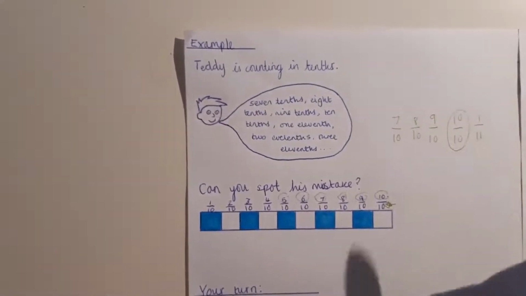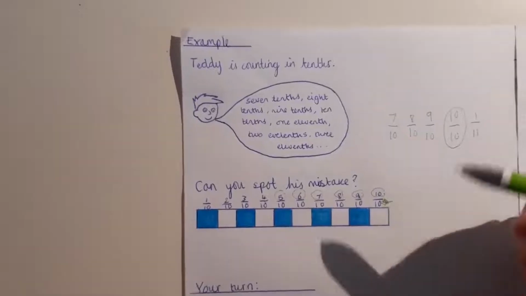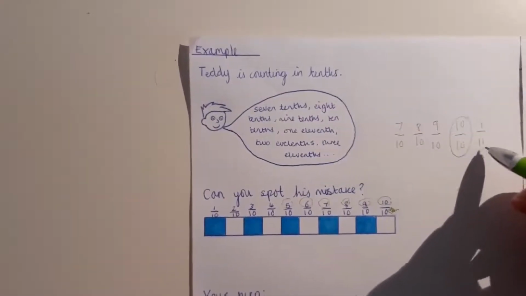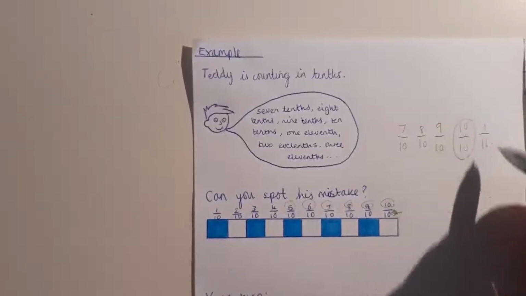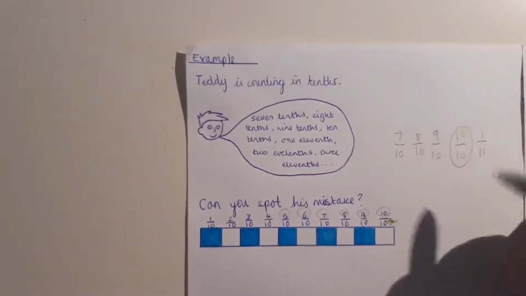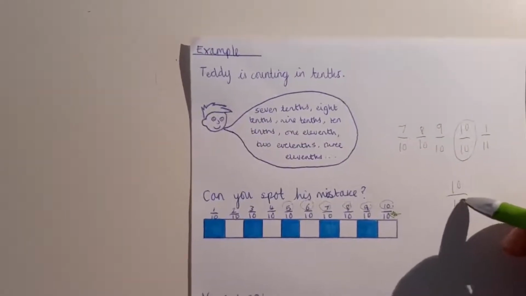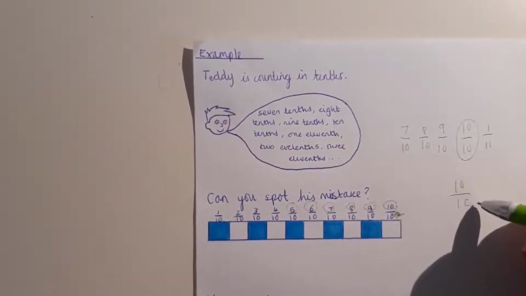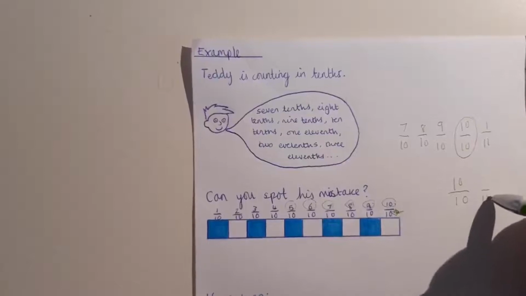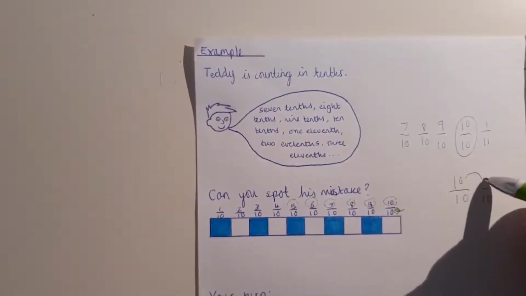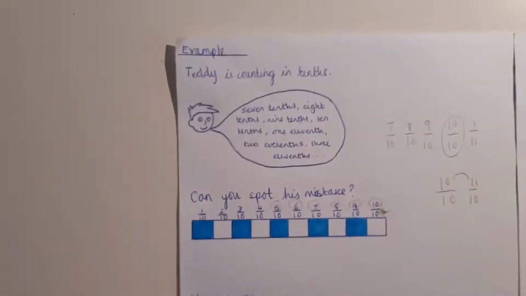But we know that if you are counting in tenths, the denominator should stay the same and the numerator should change. So after 10 tenths, the denominator would stay the same and the numerator would increase 1 more to 11 tenths.